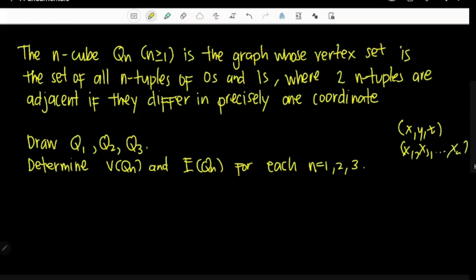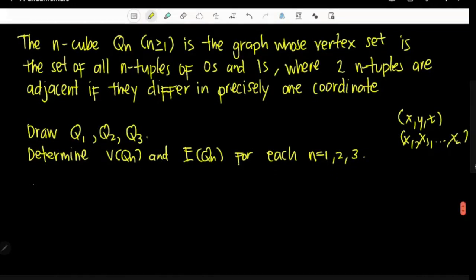Okay. So for n equals 1, we have Q1. Q1 is simply a graph whose vertex set is the set of all 1 tuples of zeros and 1. Meaning you only have one coordinate, so either 0 or 1. That's your vertex set. Right?